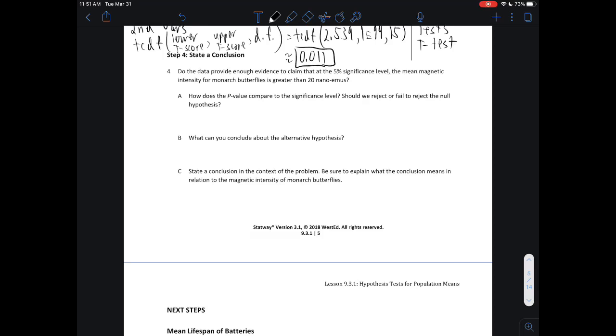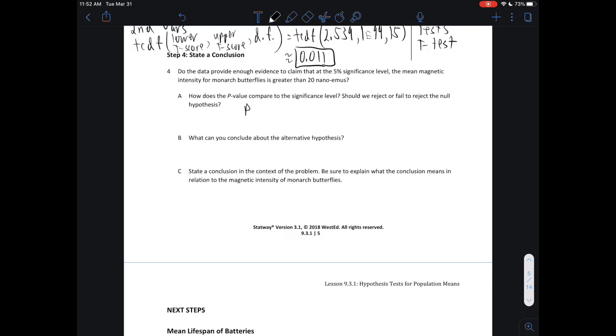Number 4, do the data provide enough evidence to claim that at the 5% significance level, the mean magnetic intensity for monarch butterflies is greater than 20 nanoemus? So first of all, part A, how does the p-value compare to the significance level?